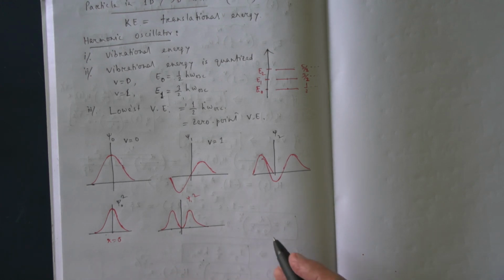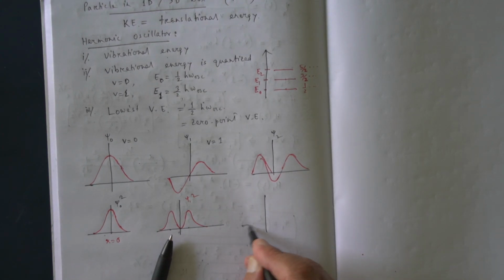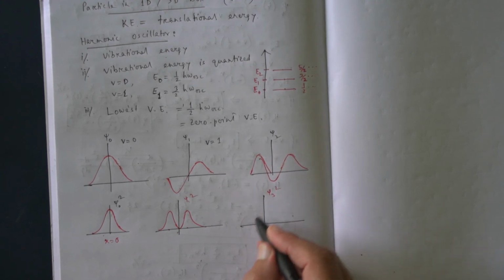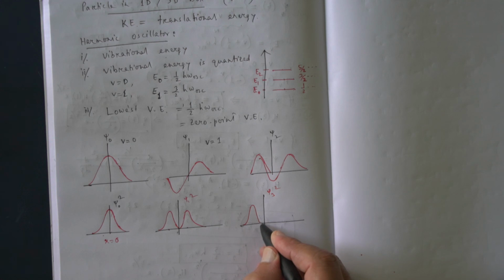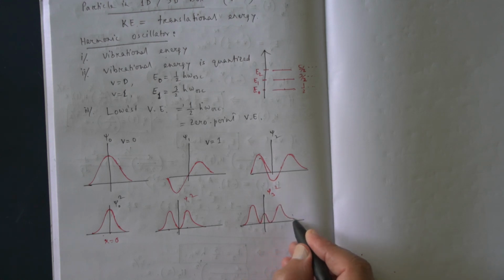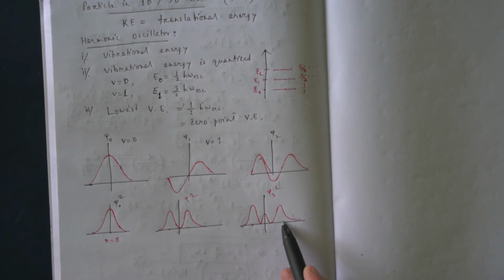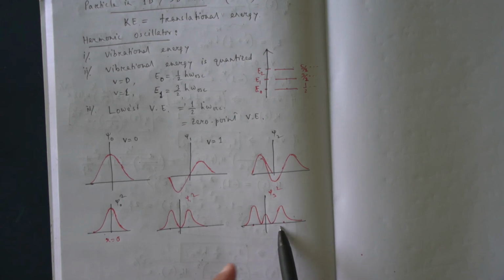If we plot psi 3 square, it will be like this, with maximum probability here and here. So you see, the maximum probability shifts towards the amplitude.